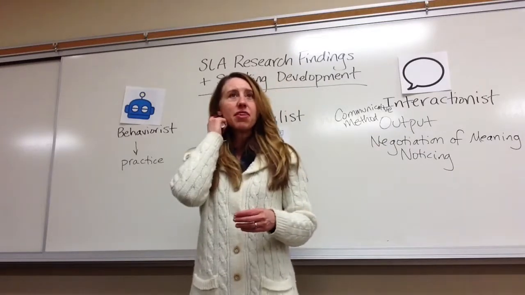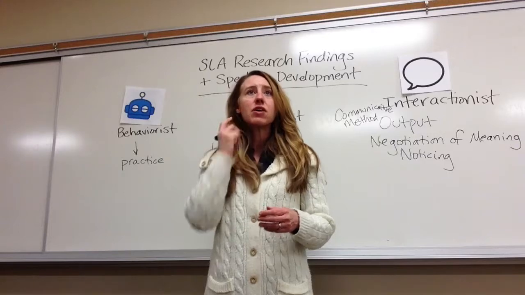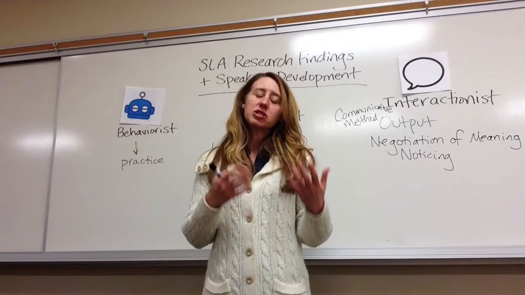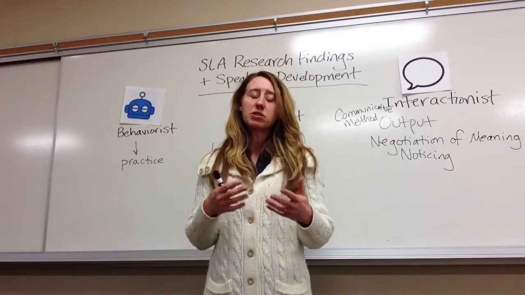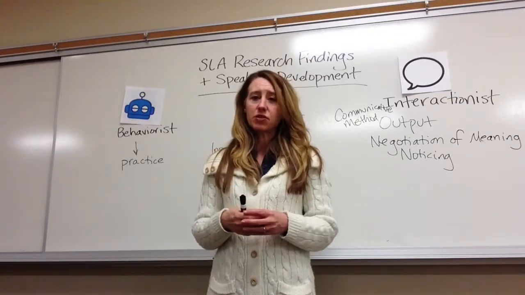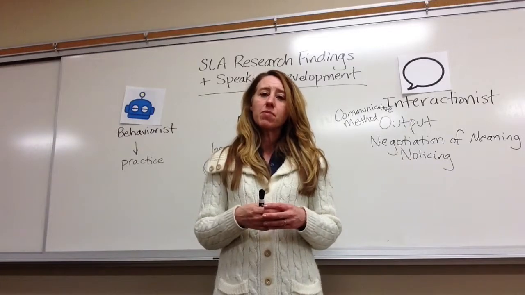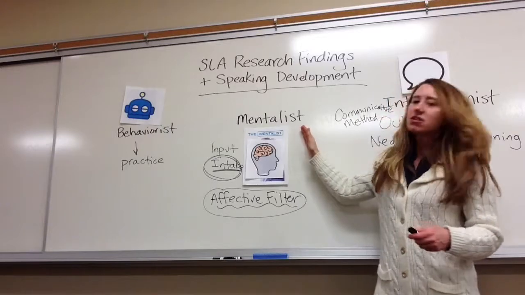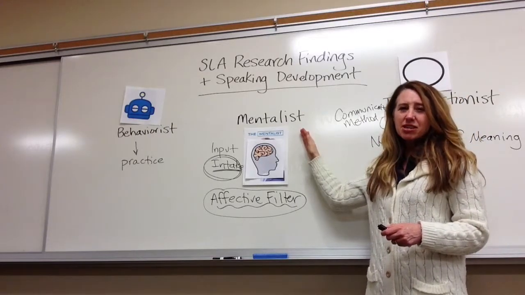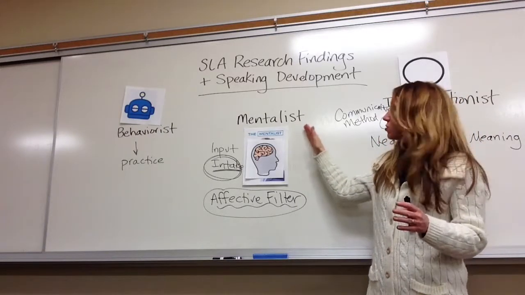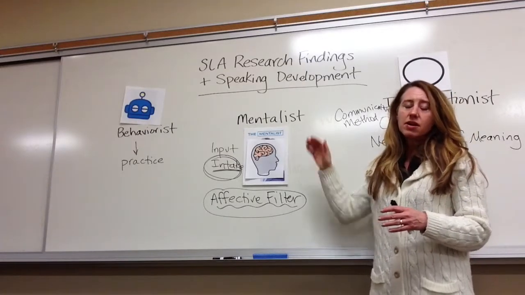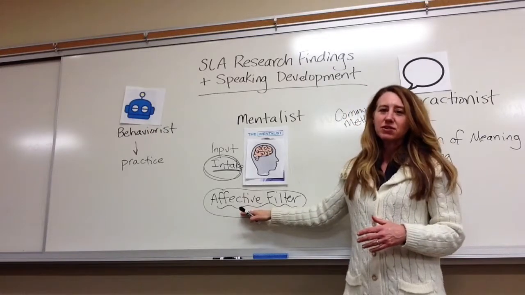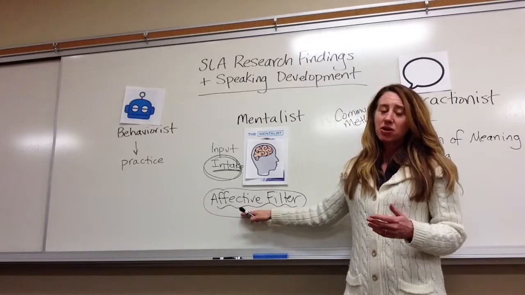And so that type of response to a student is called explicit feedback or explicit correction or explicit negative correction, any of those. And when we moved in the 1970s and the early 1980s to a mentalist model, of course, this was all about how students felt, at least partly.